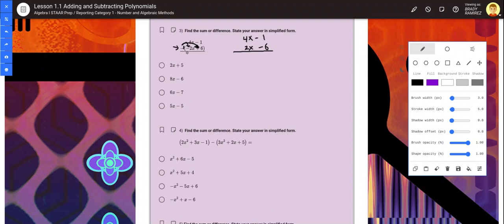And that's it. You see how the signs just changed? Instead of a -2, I have a positive 2, and instead of a positive 6, a -6. And now I combine terms. -1 minus 6 is -7. 4x plus 2x is 6x. And my answer? Right there.